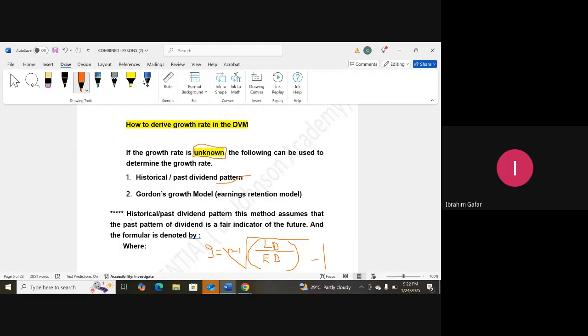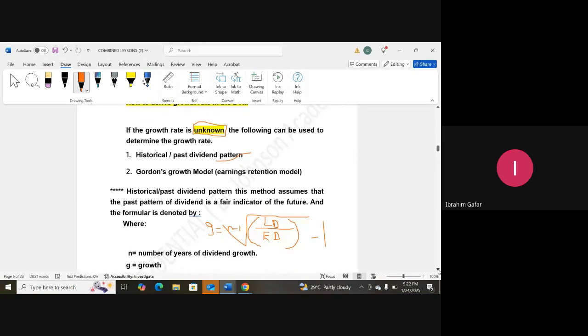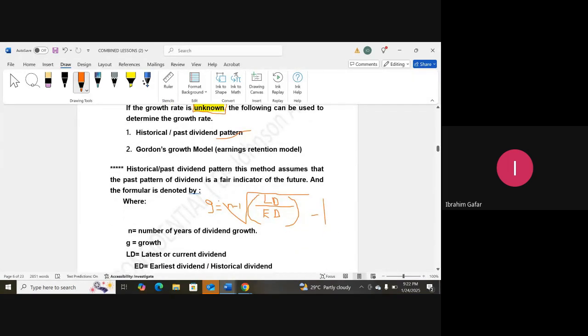I also explained further that the historical or past dividend pattern method assumes that the past pattern of dividend is a fair indicator of the future, and the formula is denoted by g = (LD/ED)^(1/n) - 1. LD means latest dividend over ED means earliest dividend, close the bracket, minus 1.